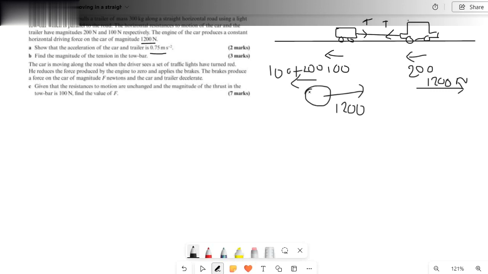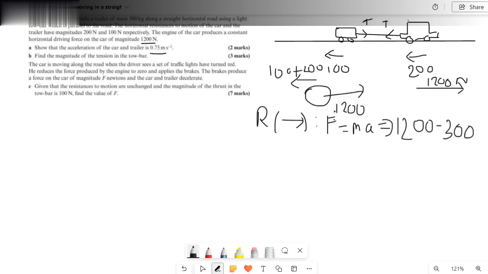So, resolving towards the right, using F equals ma, the resulting force is to the right, so 1200 minus 300, as 100 plus 200 is 300, equals the mass of the whole system, which is 900 plus 300 kg, multiplied with acceleration.